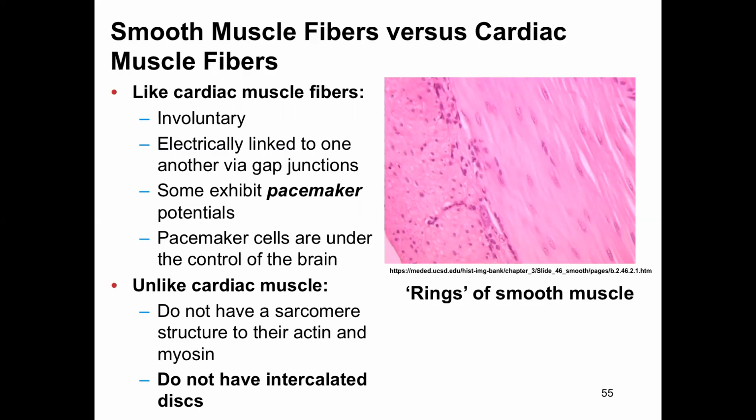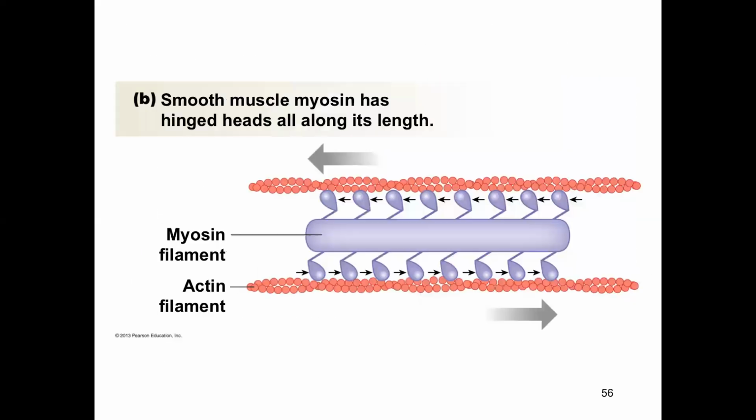Now, unlike cardiac and skeletal muscle, smooth muscle has no sarcomere structure. And they do not have intercalated discs, even though some of them have pacemakers, all right? So what happens here? Since there's no sarcomere structure, we still have myosin and actin, but it's arranged differently.